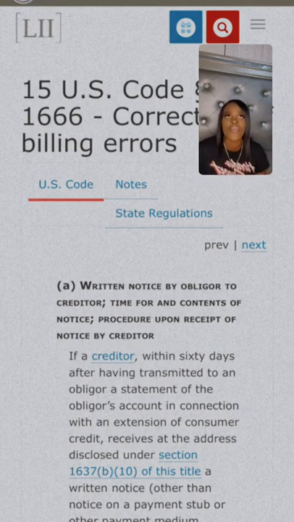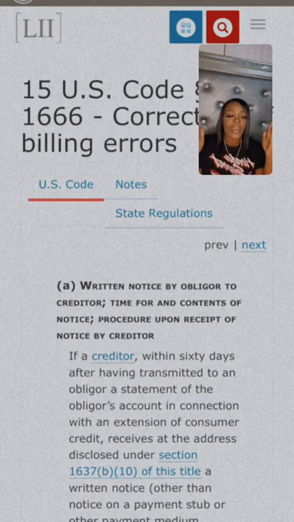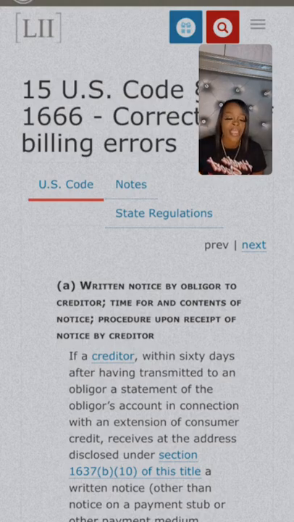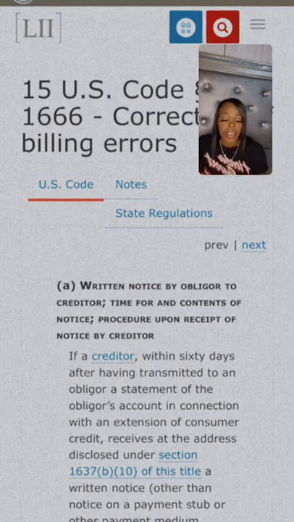So say for instance, if you are doing a billing error resolution on your car and you construct your affidavit, and in your affidavit, you're letting them know you can't take adverse action against me. If they don't rebut it line by line, if they don't respond to it, if it's a $35,000 car, they can't collect on that no more because they didn't respond to you. And that's what this law is backing up. It's backing you up when it comes to them being able to take adverse action against you, right?